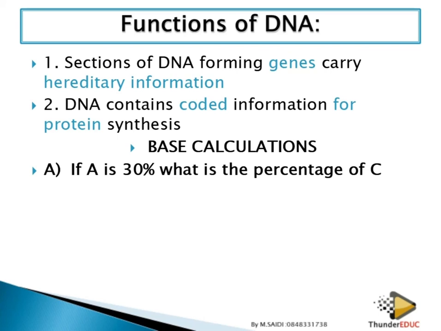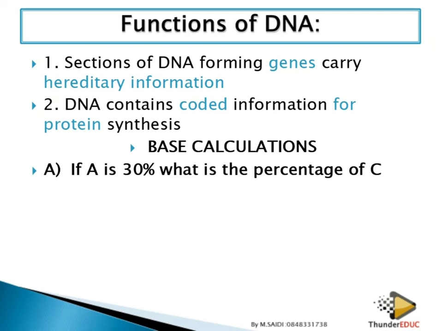And the number of guanine will always be equal to the number of cytosine. And together, they constitute 100% total. Meaning that if ever guanine is 25%, cytosine will also be 25%.